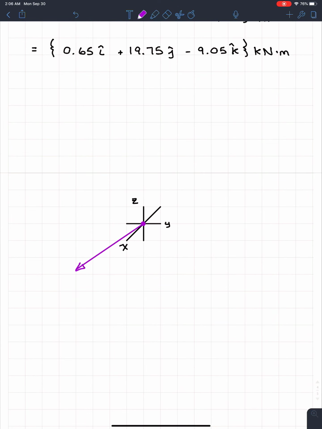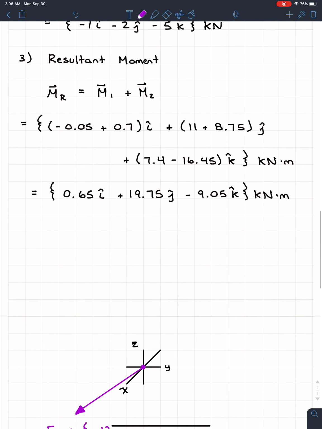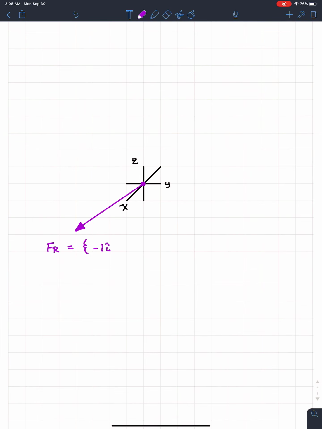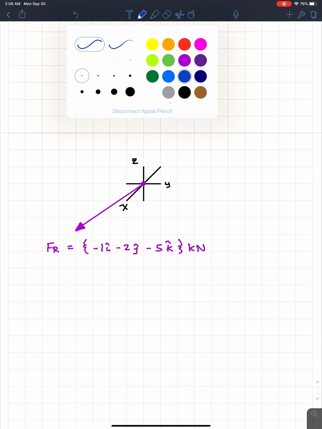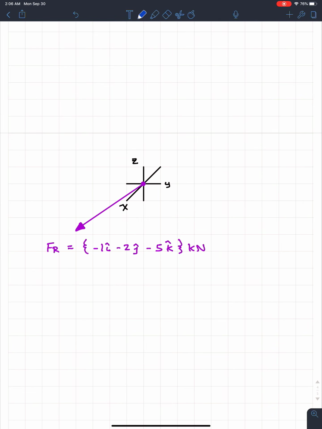And this is, in brackets, FR, which is equal to negative 1I minus 2J minus 5K. So again, not really to scale whatsoever, but it's fine because I'm just drawing the final diagram of my equivalent force system at point O.